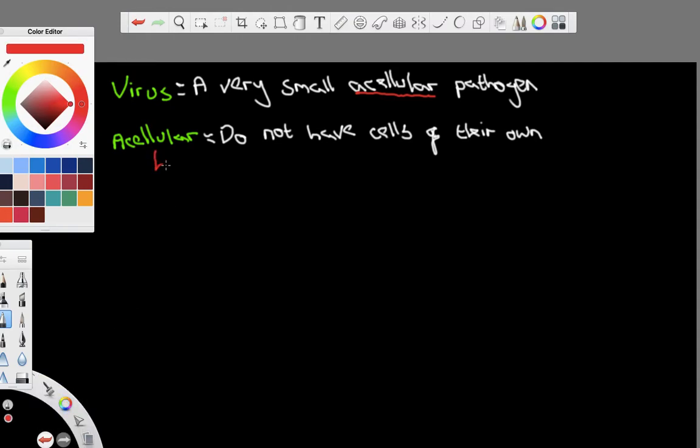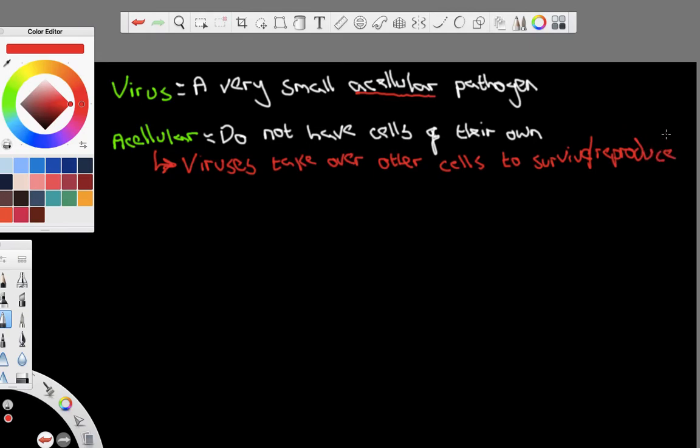So we can put underneath acellular in red, because it's an important point, that viruses take over other cells to survive and reproduce.